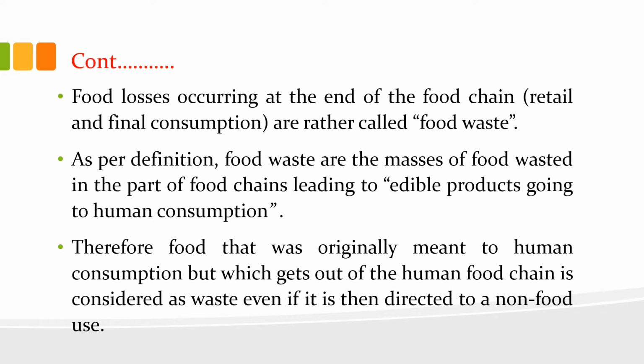That means whatever edible produce, excluding the inedible parts, we may process it, store it, or transport it from one location to another. Whatever damage is caused to the food that makes that food inedible comes under food waste. Therefore, food that was originally meant for human consumption but which gets out of the human food chain is considered as waste, even if it is then directed to a non-food use.